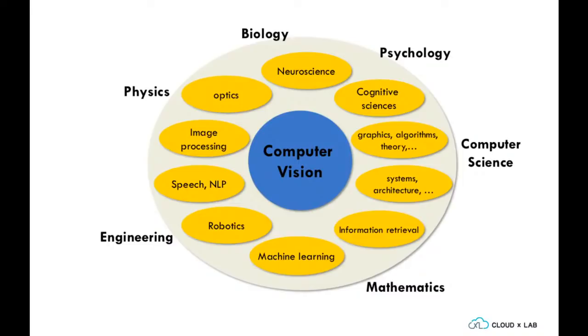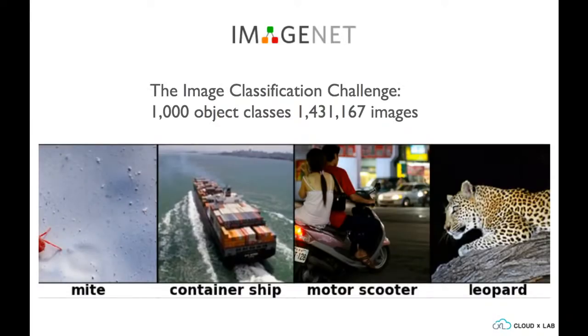Okay, so this computer vision has application in every branch of human sciences, be it physics, for optics, image processing, speech and natural language processing, robotics, normal machine learning, information retrieval, system architectures, graphs and theories, and so on. And computer vision is mostly overtaken by this.